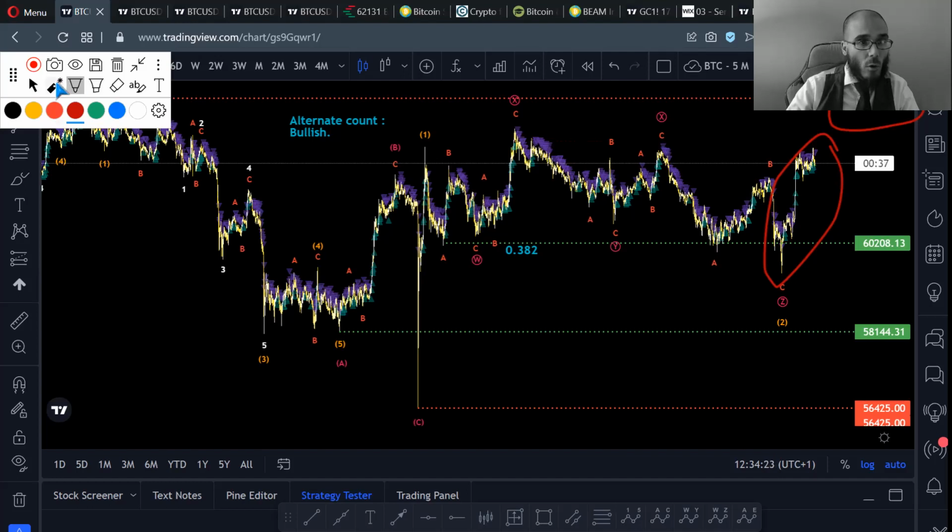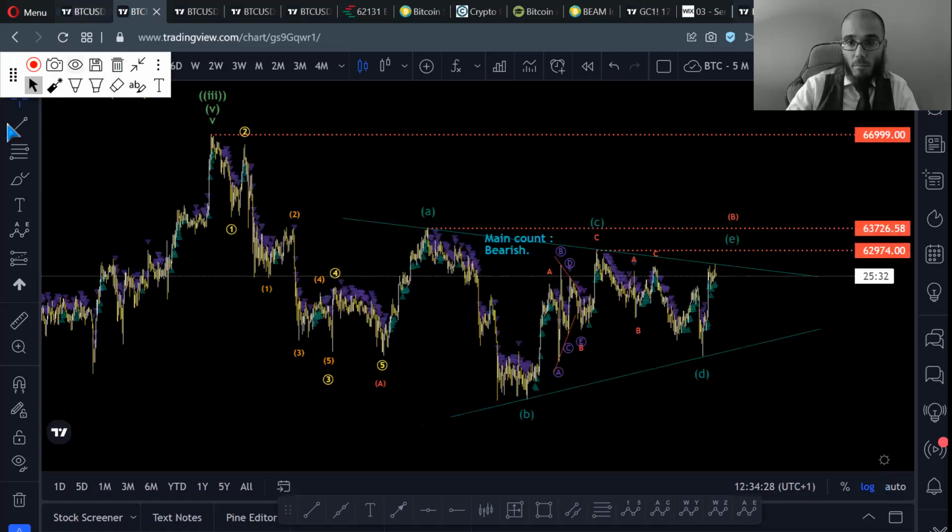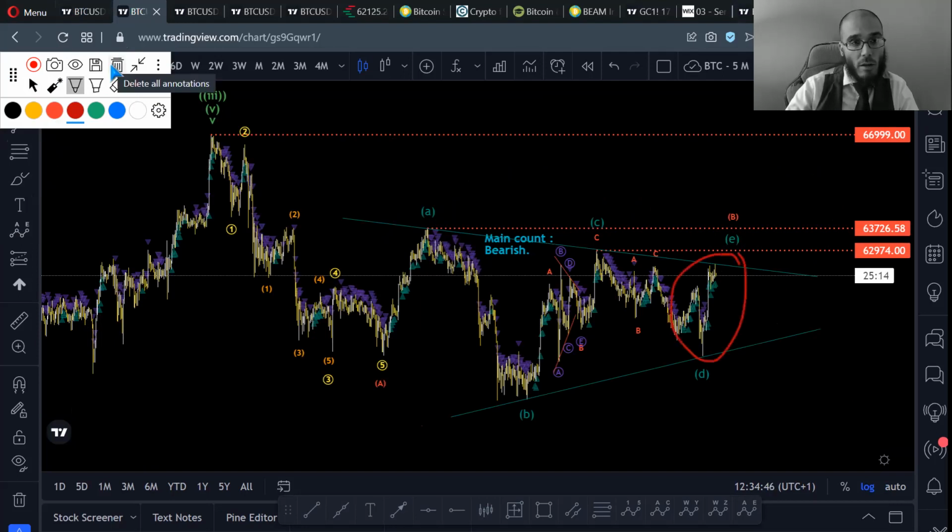And now I'm going to talk about what I really want to talk about, and that is my main count. In my main count, I relabeled it for now, because I was tracking a series of 1 or 2 years, but with the last price move, that is not possible anymore. So I've switched to a triangle.